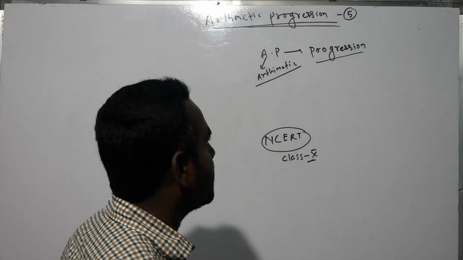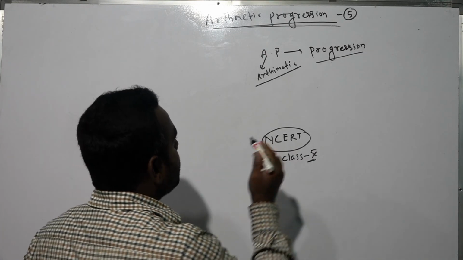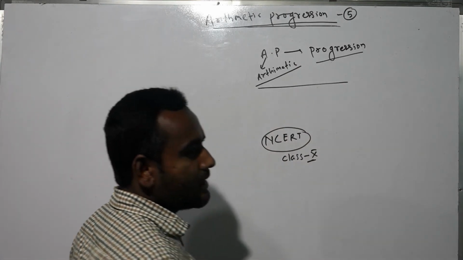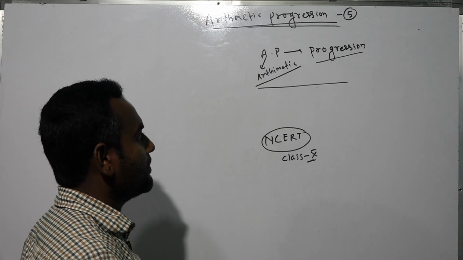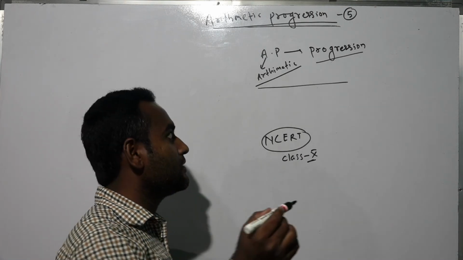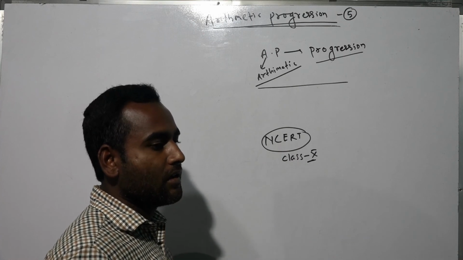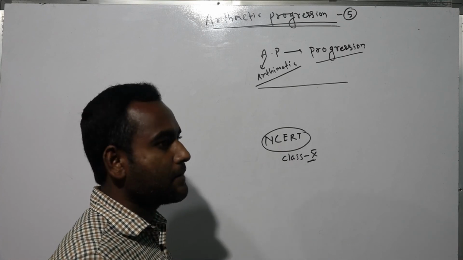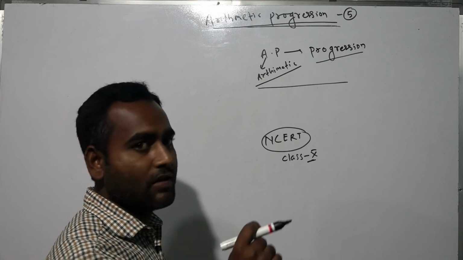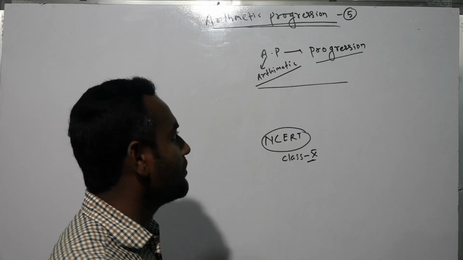So an arithmetic progression is a sequence of numbers where every term of the sequence is found by adding a particular number.